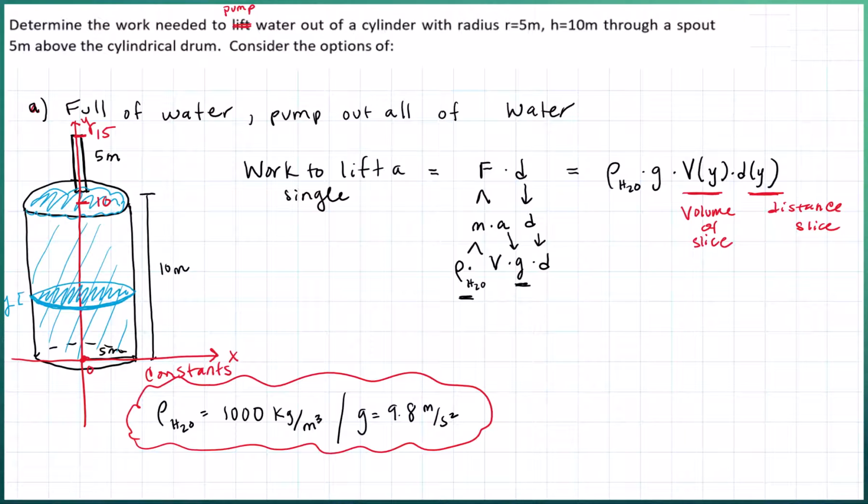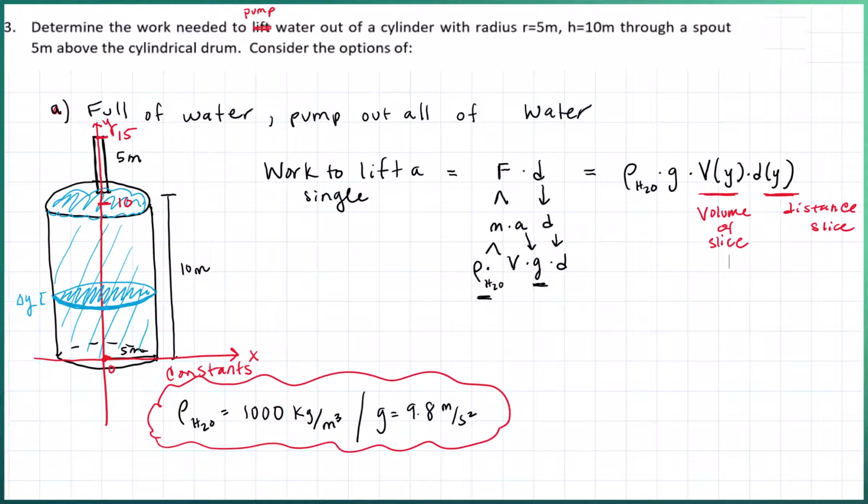So here is our slice. We already drew it. The slice is going to be a circle. Think about each slice: the area of each of those cross-sectional slices is going to stay the same. That's a constant 5, based on the shape of our cylindrical drum here. Those slices are all going to be circles with a radius of 5, and then their thickness is a delta y.